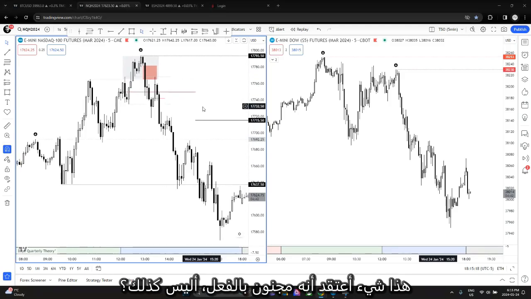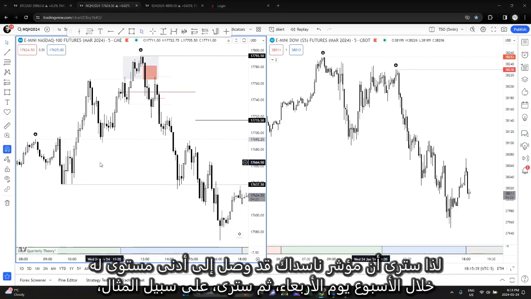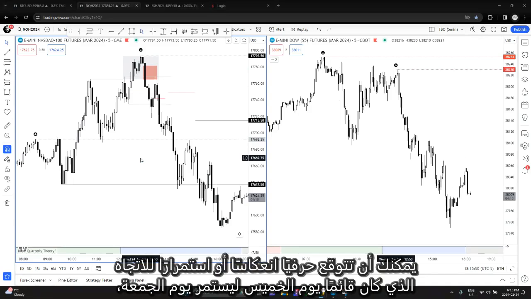This is something that I think is actually crazy, right? So there will be some times when you will see SMT between Wednesday and Thursday, right? So you'll see NASDAQ make the low of the week on Wednesday, and then you'll see, for example, the S&P 500 or Dow Jones make the low of the week on Thursday.